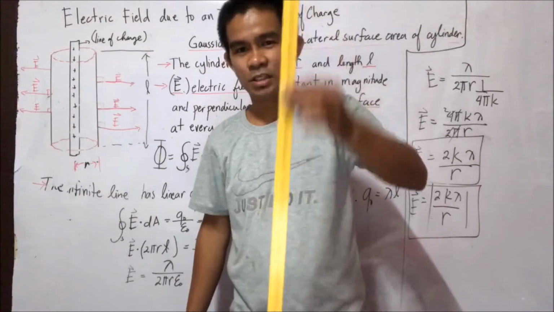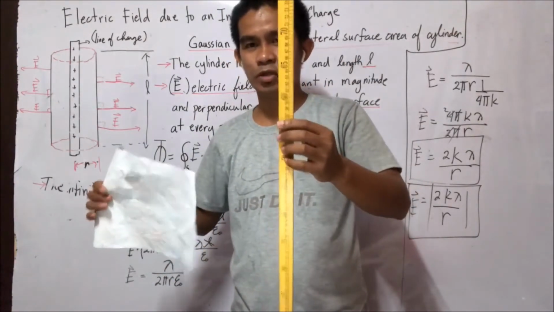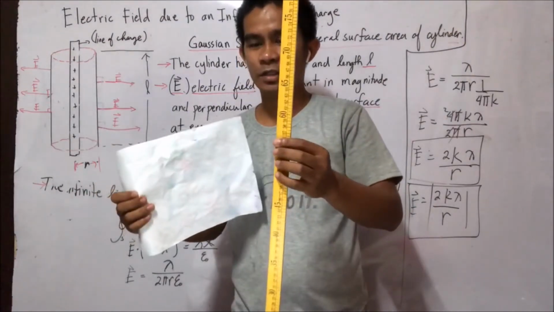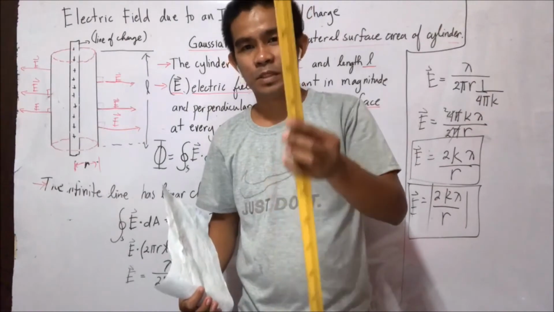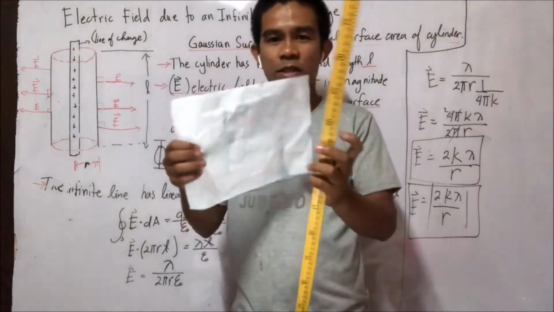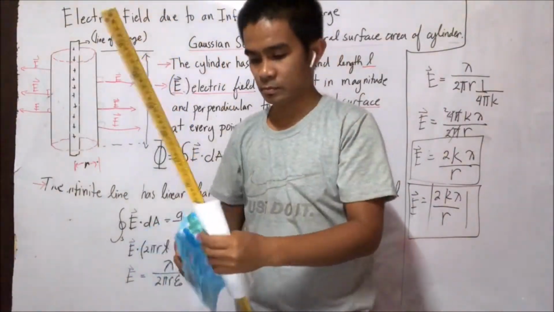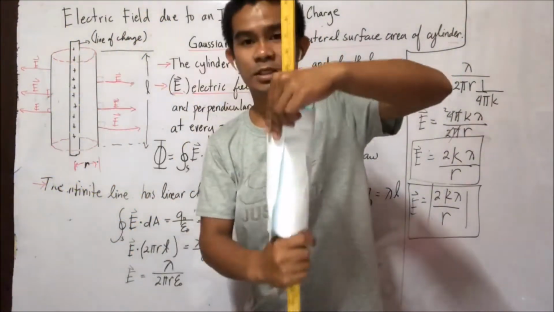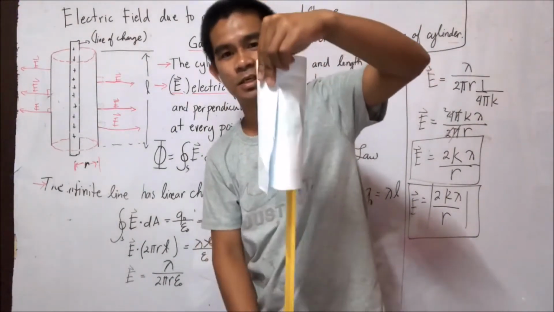Now suppose this is the line of charge that is infinitely long, and the best Gaussian surface that we can use to find the electric field at a certain distance from the line of charge is the cylindrical symmetry. This is the line of charge and this is the Gaussian surface.